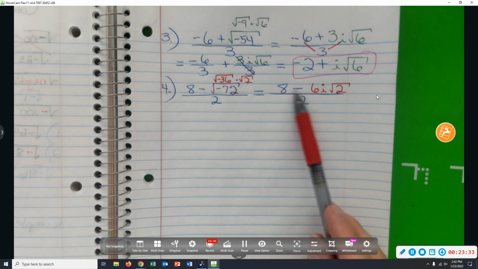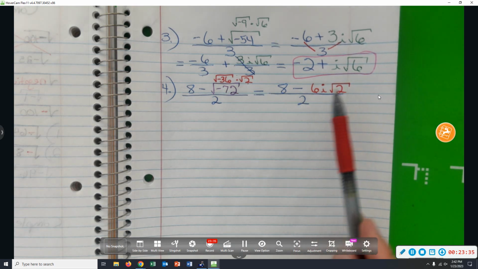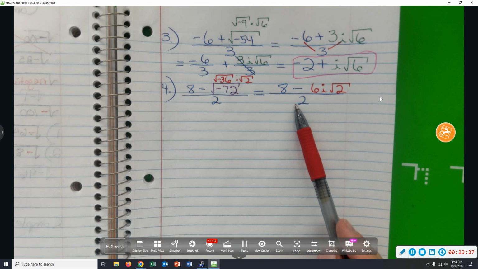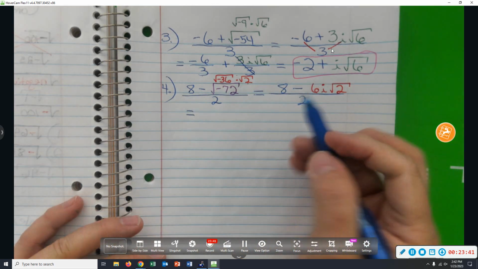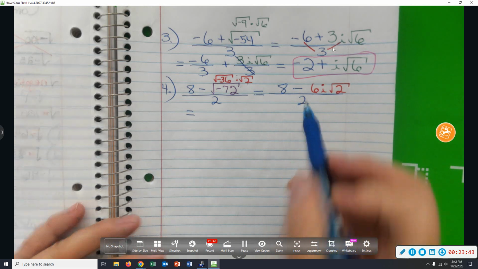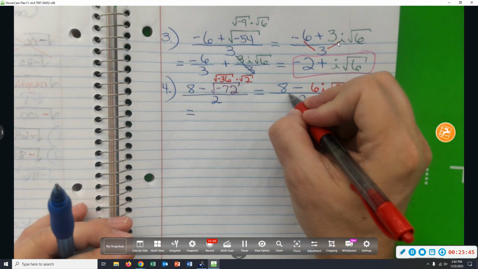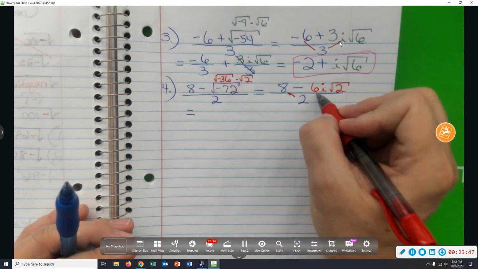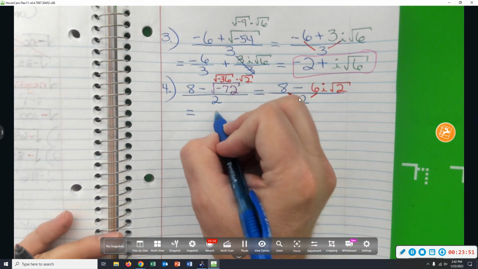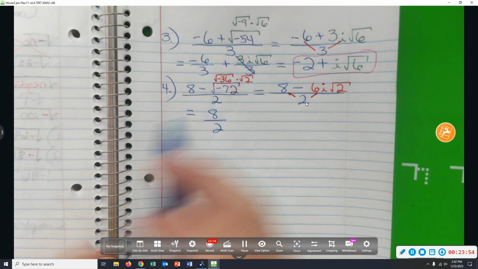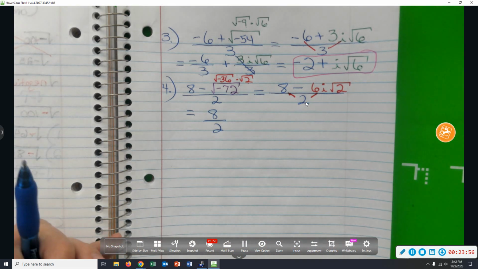Now if you have a sum or difference on top and just a single number on the bottom, the best way to simplify, don't just start canceling. Split it up. So we have 8 over 2, minus 6i square root of 2 over 2.